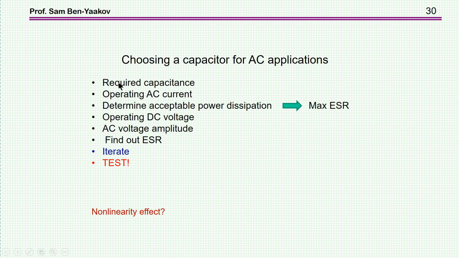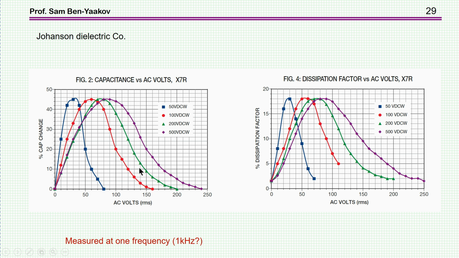You need to, of course, define the capacitance you need, the operating AC current, and then you have to determine the maximum ESR that you can allow, depending on the dissipation that you can allow, etc. Now, from this, you need to know what is the operating DC voltage. By the way, the information we got here is no DC. Now, what happens if we have both large AC excitation and DC? Well, there's little, if any, information about that.